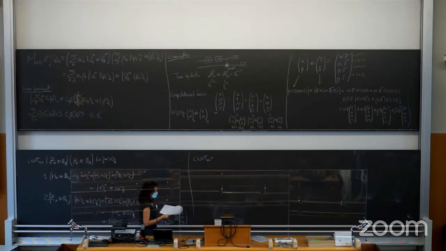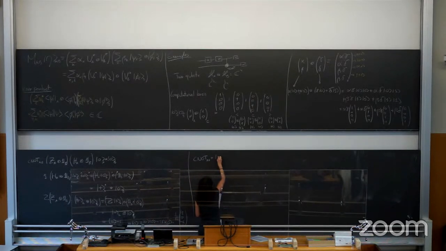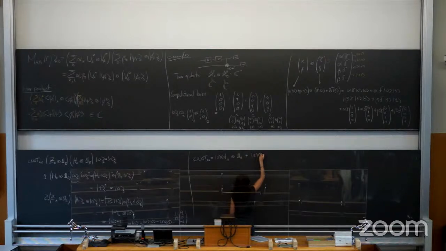So this is the equivalent of the classical gate, which is: if the first bit is 0, do nothing. If the first bit is 1, flip the second. It's the same in the quantum version. So it means, look at the first qubit. If it's 0, then do nothing on the second. But if it's 1, then flip the second.